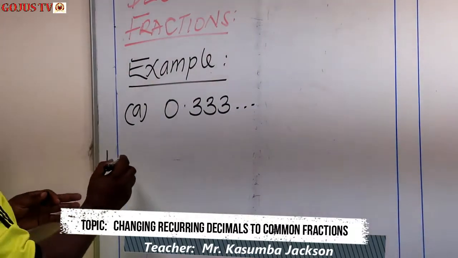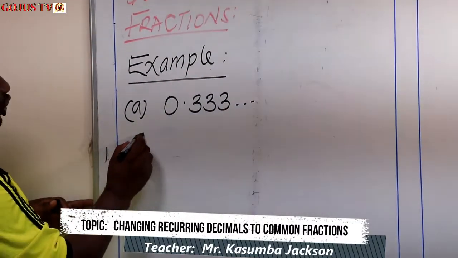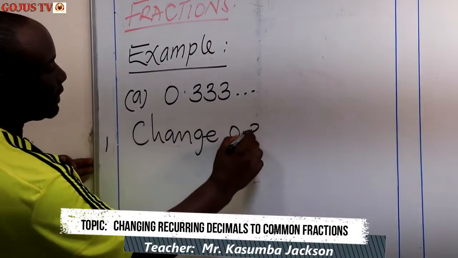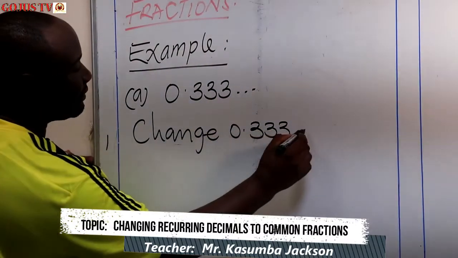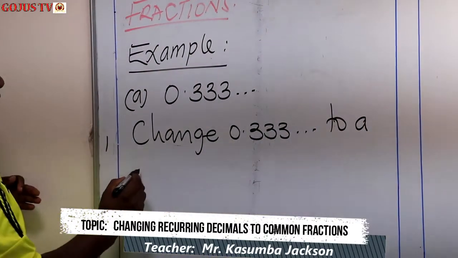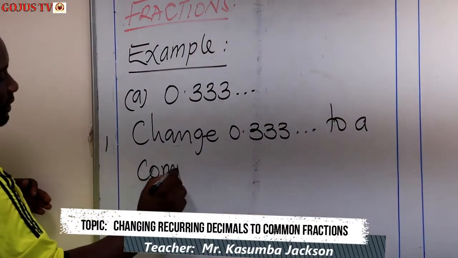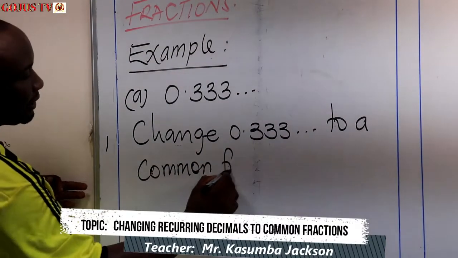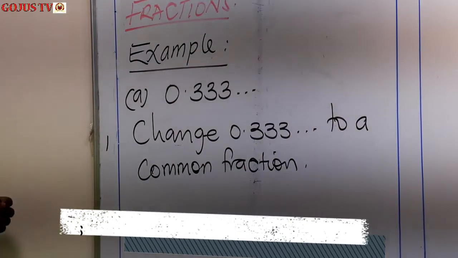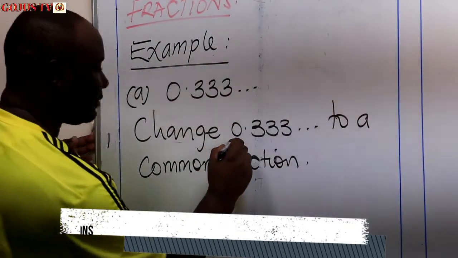When we are given a question like change 0.333 recurring to a common fraction, how do we handle this? We just take note of this fraction.